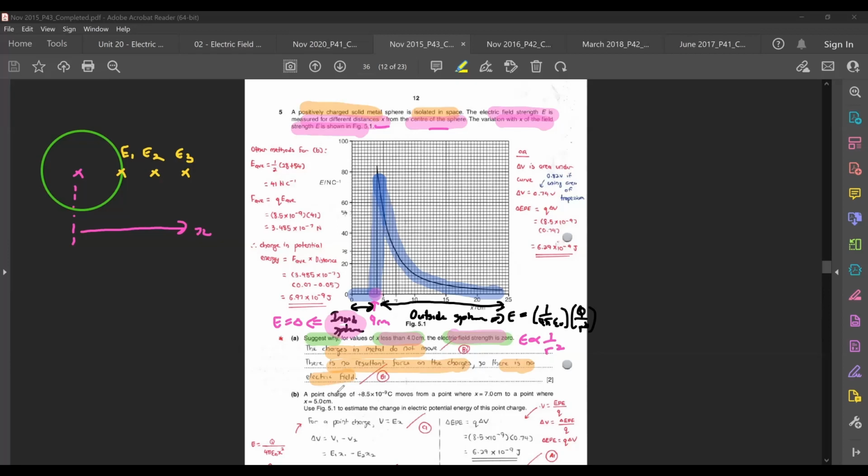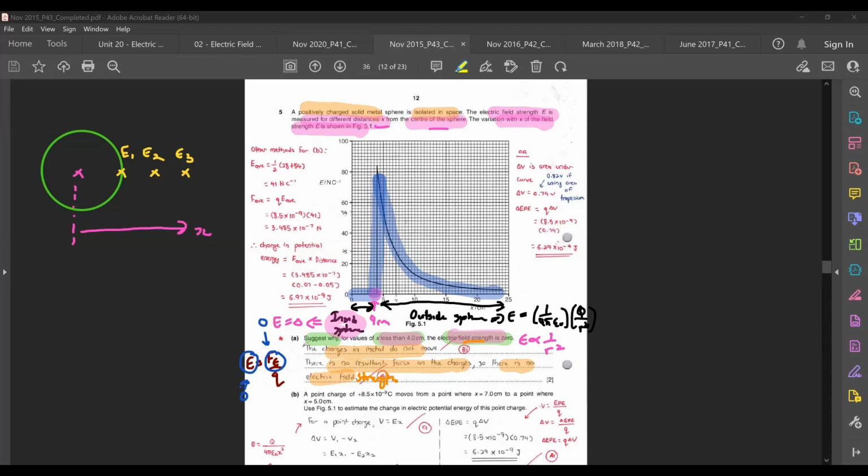Because the question asks you to define electric field strength, maybe you just write this. It comes from the concept that field strength is Fe over Q. The moment you do not have any electric force, this tells you your E would be 0.